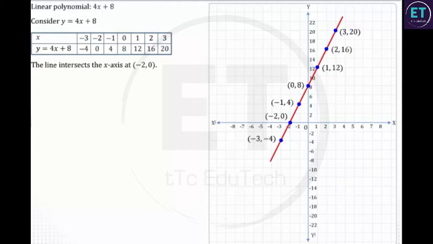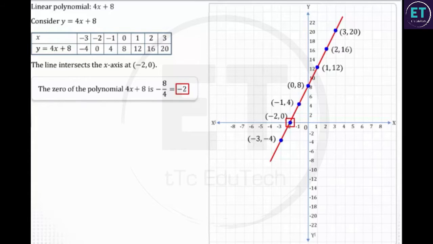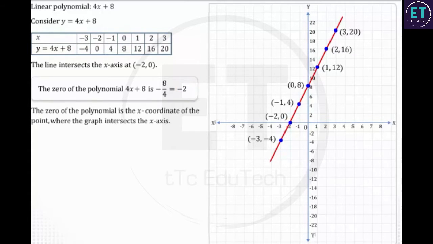As per the definition of the zero of a polynomial, the zero of this linear polynomial is -8/4. This implies that the zero of this polynomial is -2. Based on these observations, we can conclude that the x-coordinate of the point where the graph intersects the x-axis is the zero of the polynomial.